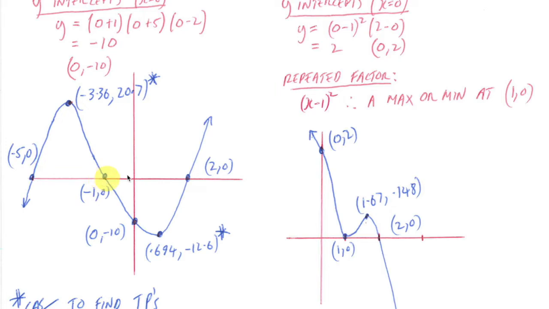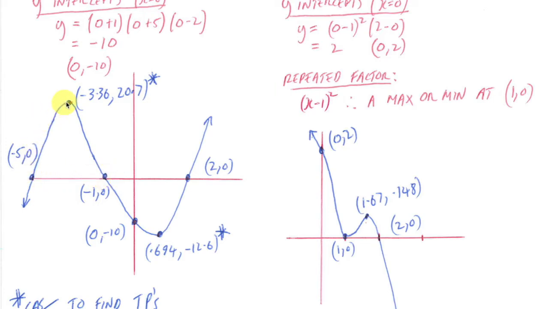X-intercepts, I put those 3 in. Y-intercept, I put that in. Now, as far as the turning points are concerned, I'm going to use my CAS to work out where they are. But as far as my sketch is concerned, it's quite easy. I know that I have to start from below, come through here, and then somehow turn around and come back to this intercept.